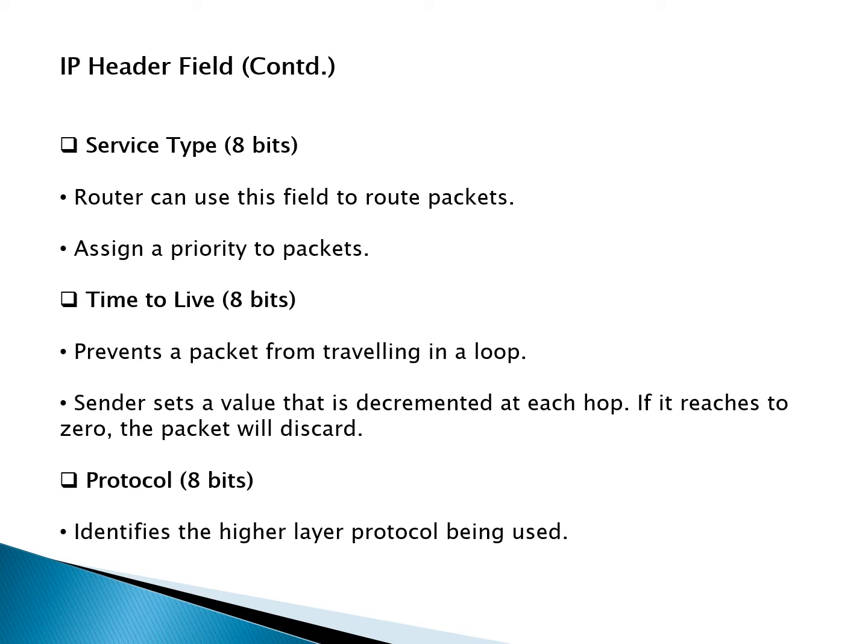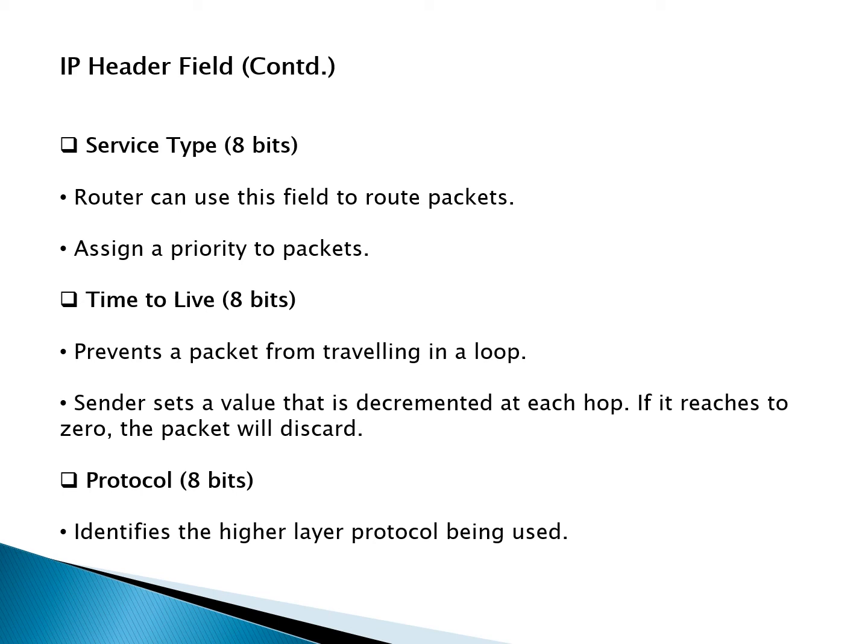And what is worse, the packet might cycle in an indefinite loop. So to avoid this situation, what do we do? We set some initial value in this field, for example 25.